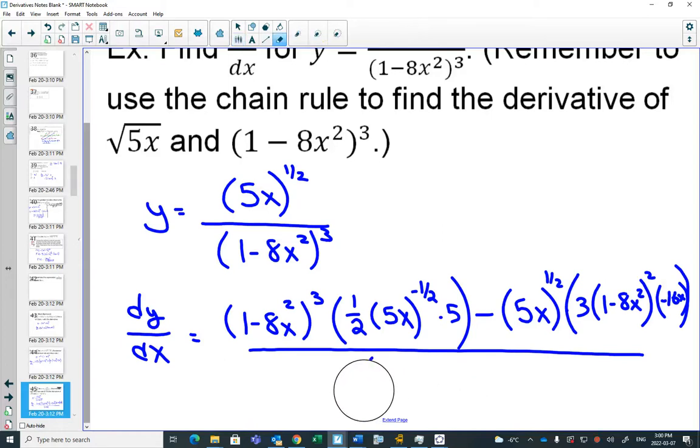Oops. When I square the bottom, it comes to a power of 6. It's a minus 16x. And these are the ones that are famous as show that questions.